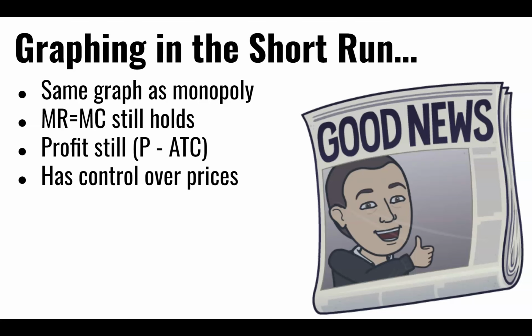We see where it hits the ATC curve and the demand curve, and that tells us whether there's a profit or a loss. If price is greater than ATC, we have a positive profit. If price is less than ATC, we have a loss. So everything's the same. Finding deadweight loss is the same as monopoly. It's exactly the same. It's really in the adjustment to the long run that we see things are different.